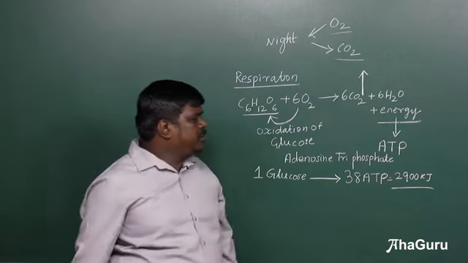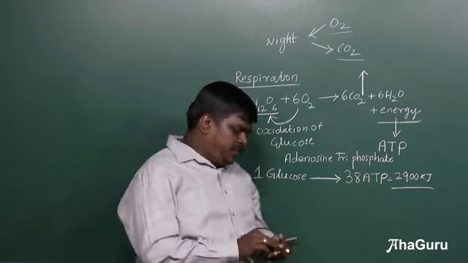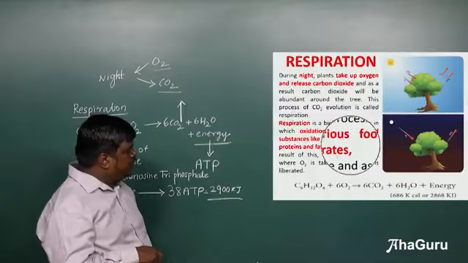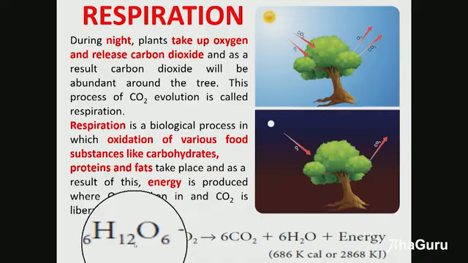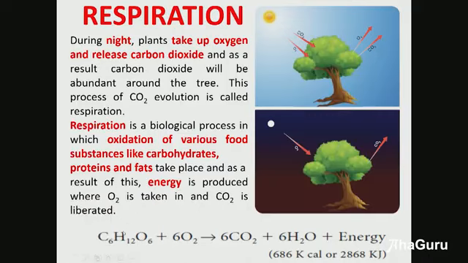So you can see in this reaction that the carbohydrate, the glucose molecule, combines with oxygen to produce carbon dioxide, water and energy. The energy produced here is approximately 2900 kilojoules.